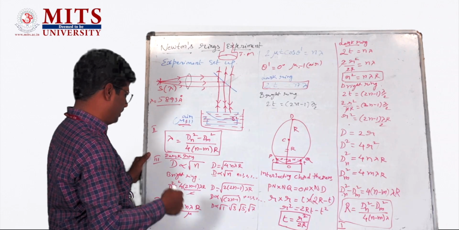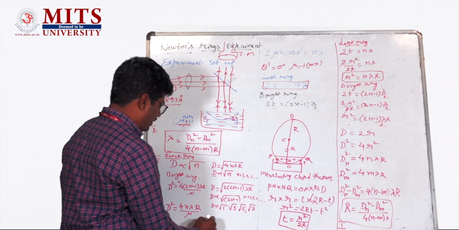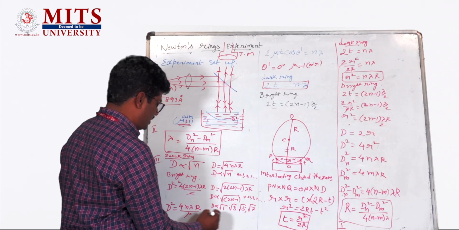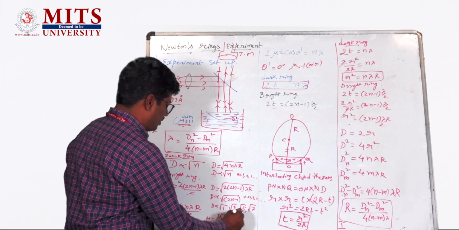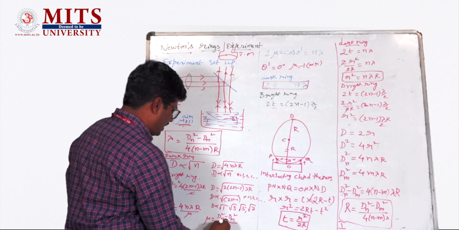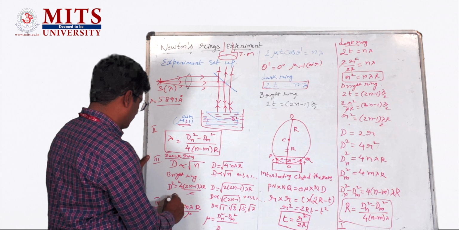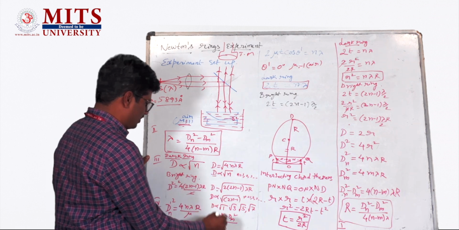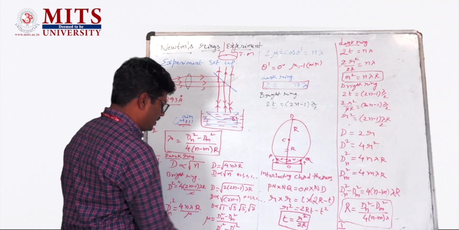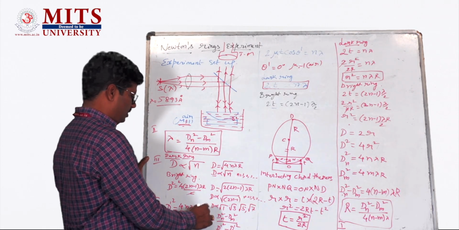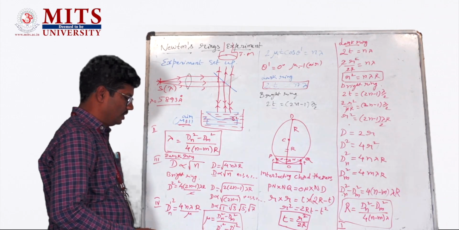So if you do the experiment without oil and with oil, you will get the difference. Taking that into consideration, you get Dn square minus Dm square by Dn dash square minus Dm dash square, where with liquid we represent the diameters with a dash. Basically, using this equation, you can find the refractive index of the liquid that you are using.